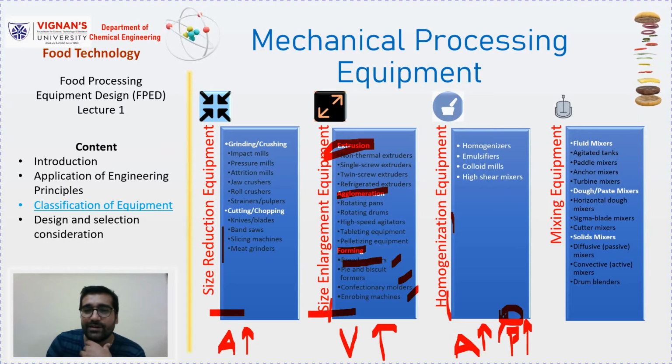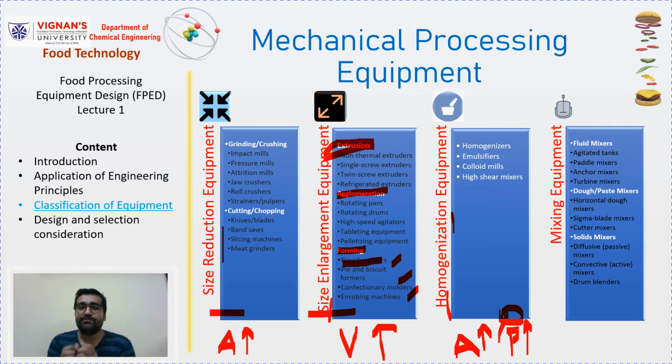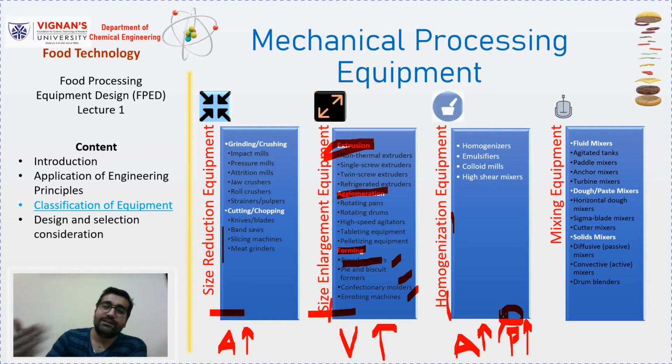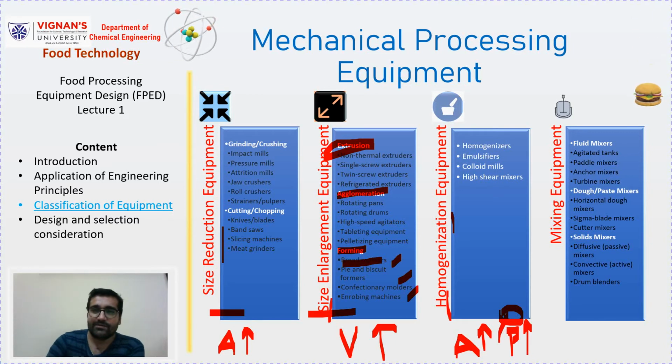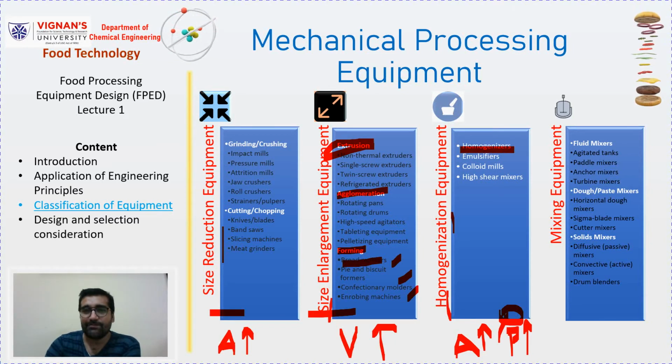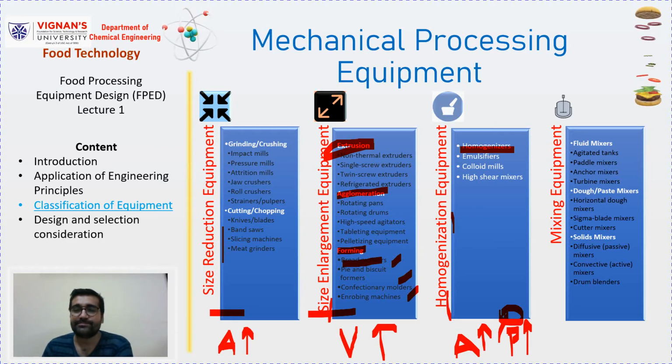With the high pressure, it will sprinkle at the other end. It will reduce the size of the particles. So homogenizers are an example of homogenization equipment. Emulsifiers, colloidal mill, high pressure and high shear mixers are also examples of homogenization equipment.